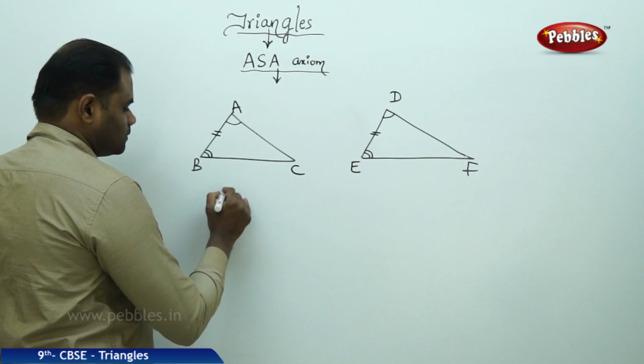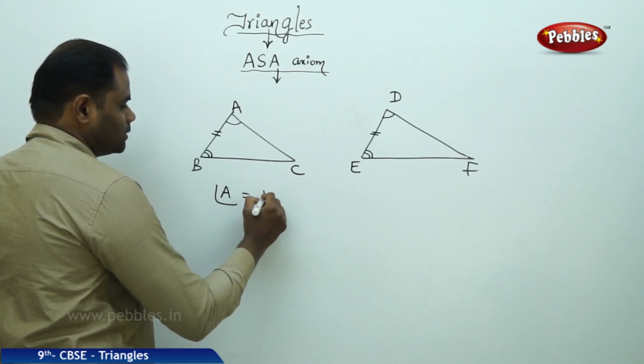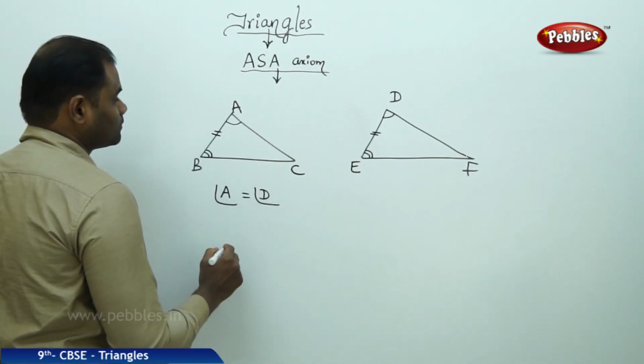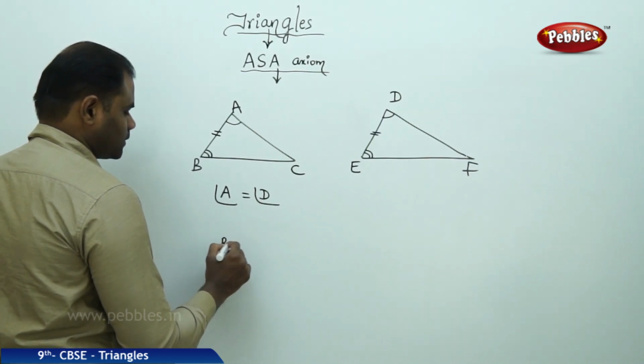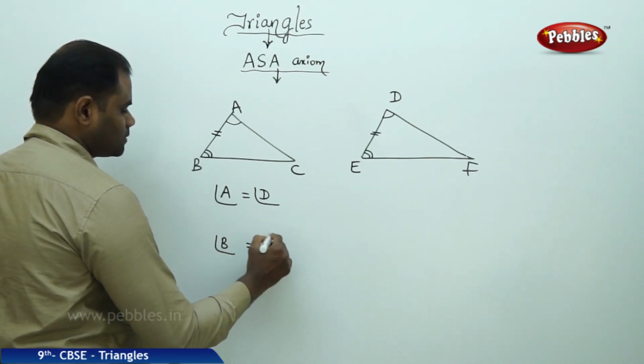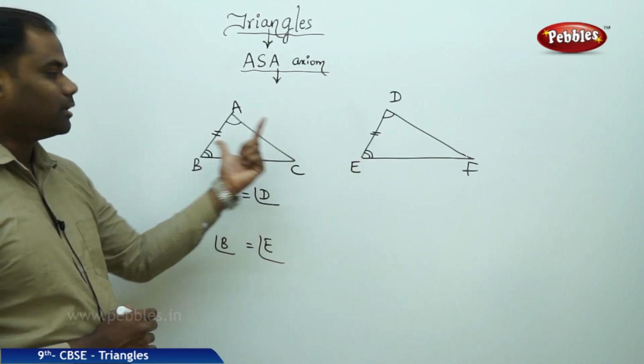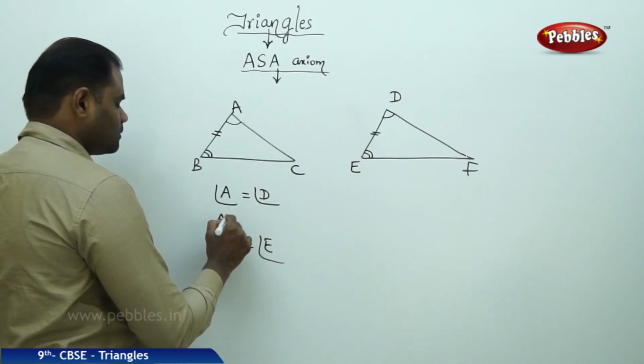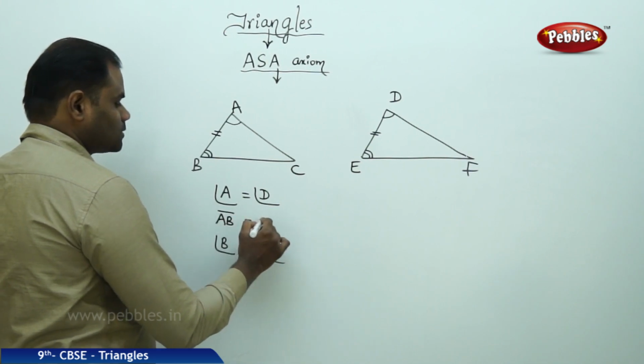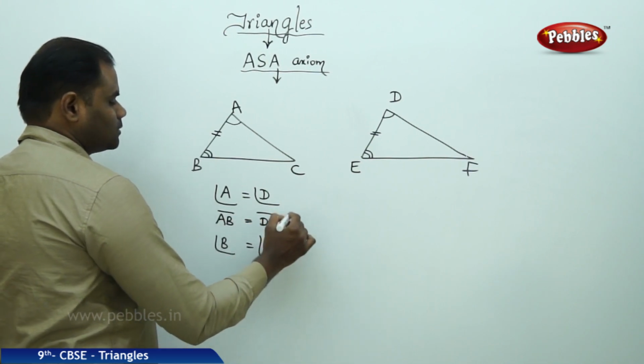Now here angle A equals angle D, angle B equals angle E, and the inclusive side is AB, which is equal to DE.